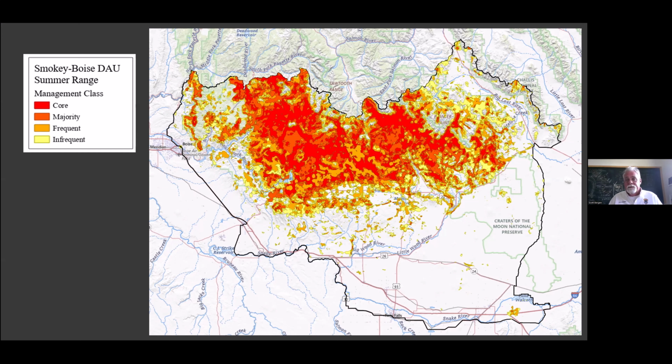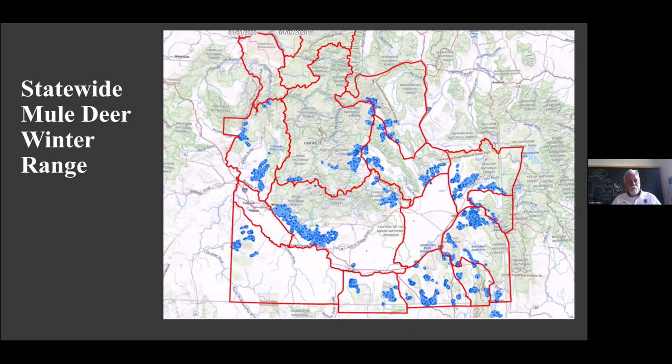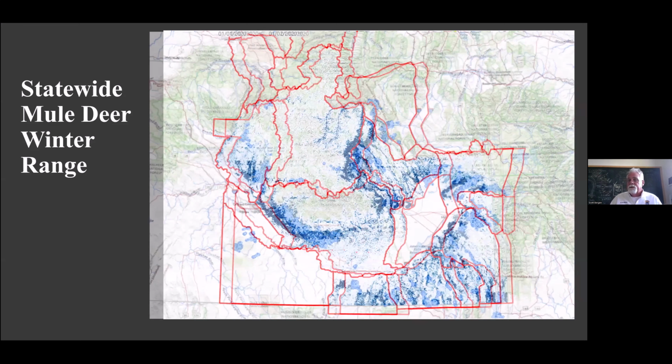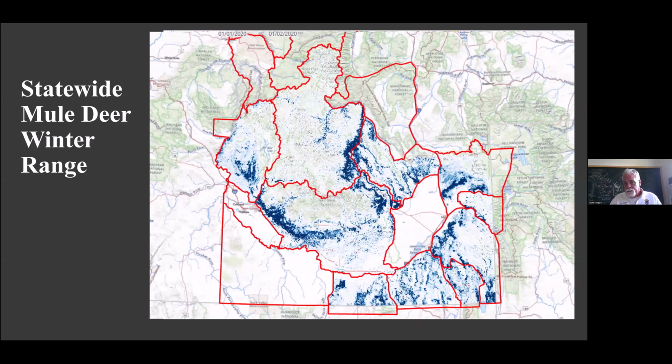of these environments. And so kind of where we are right now, basically I'm using winter range here. I wanted to show you how we start out with these locations. Then we use these locations to data mine all of these covariates to get a better idea, and this results in these models that have been accepted for mule deer across the state.